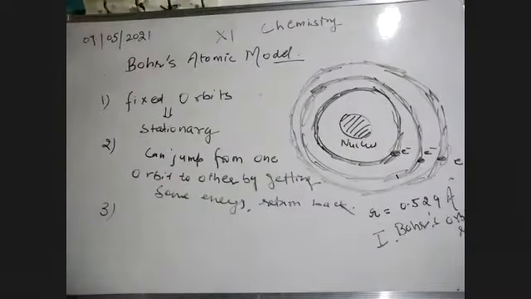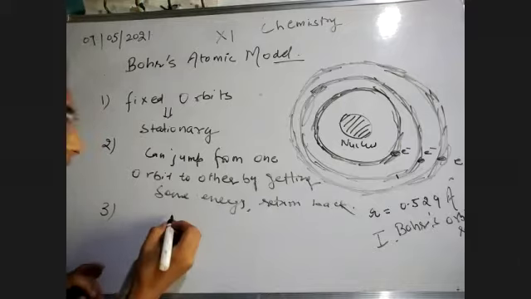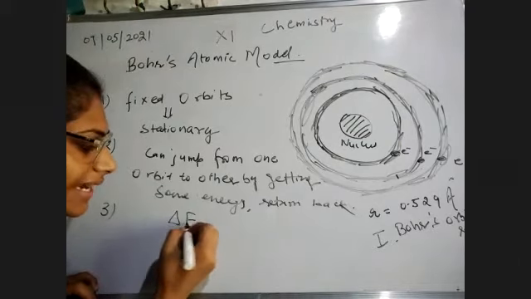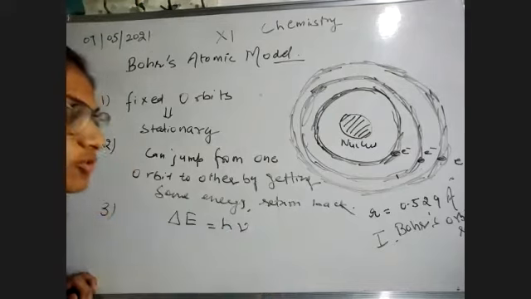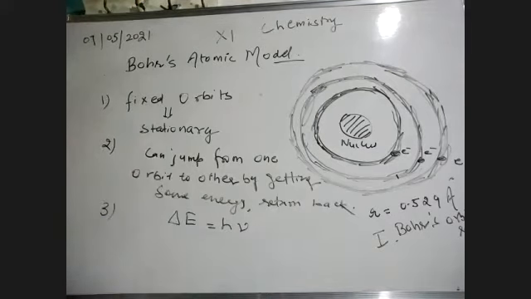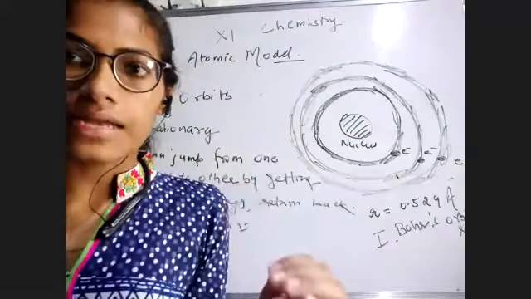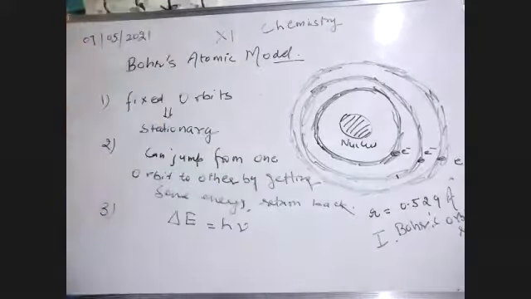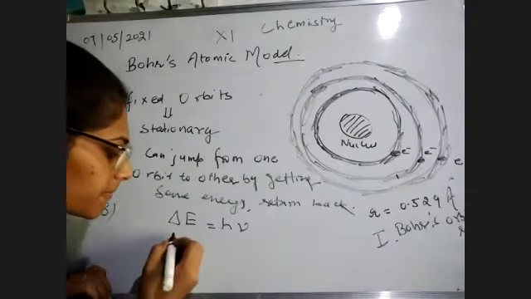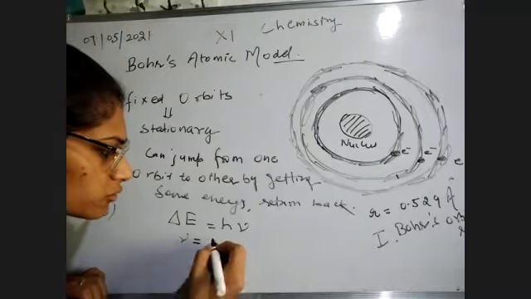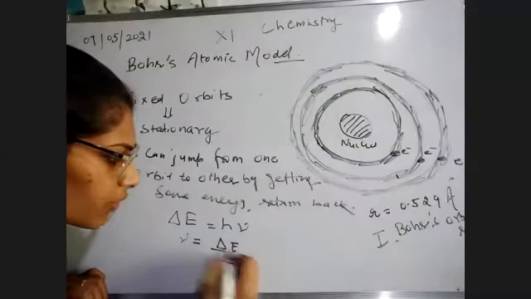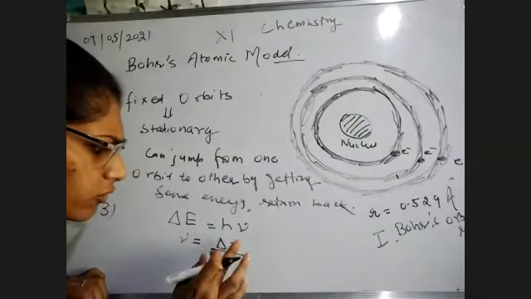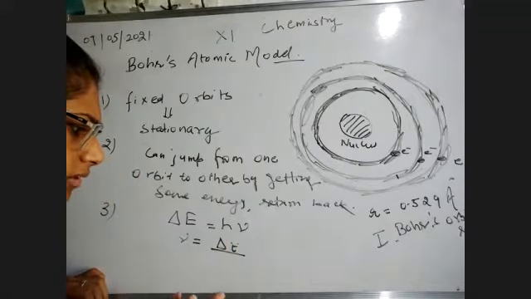Besides this, he told us that, as we know very well, delta E equals h nu. That means we have different energies for every orbit, and we can say simply that nu equals delta E over h.